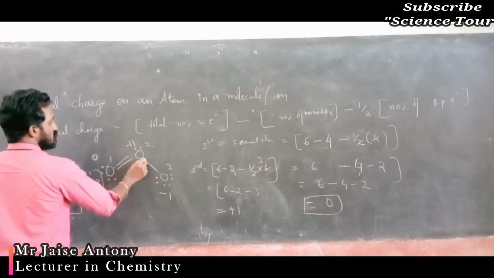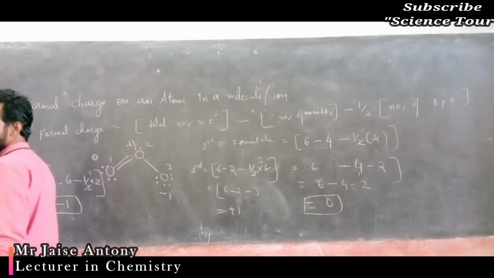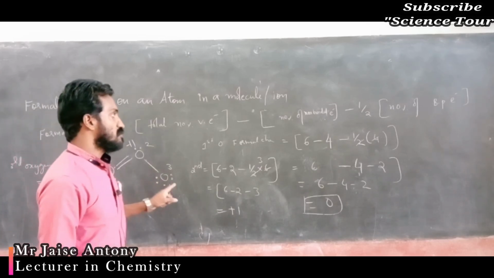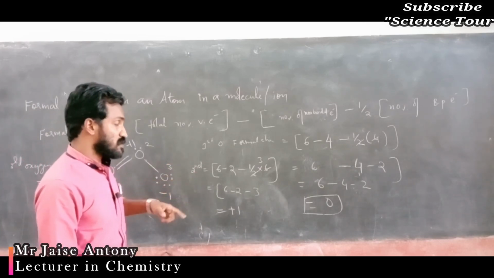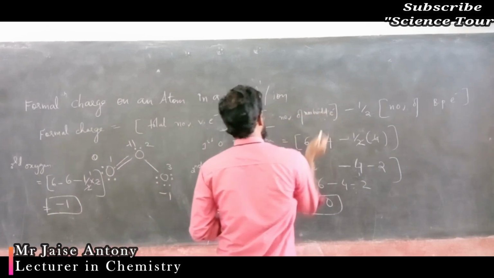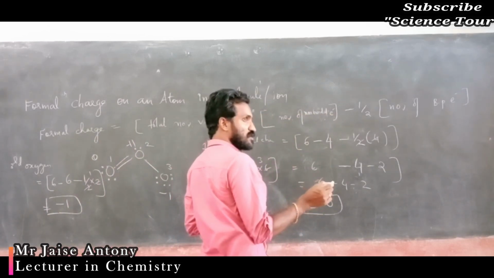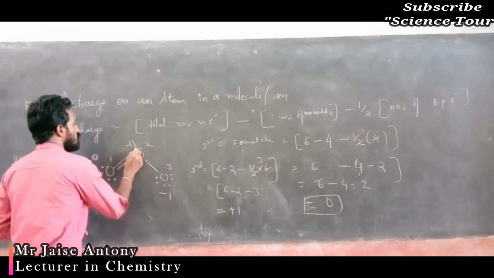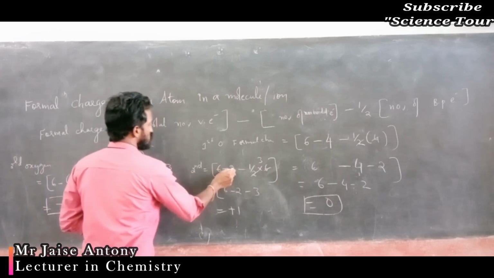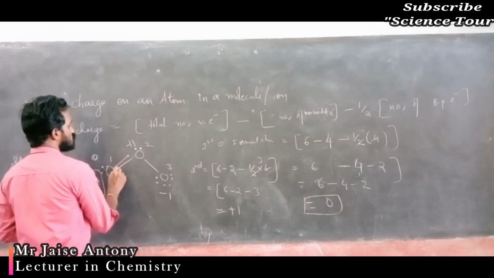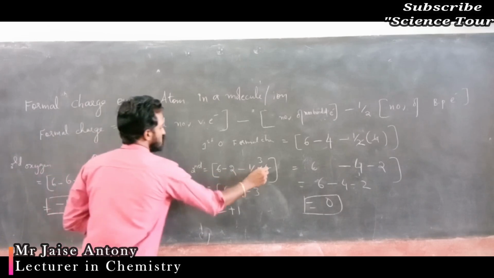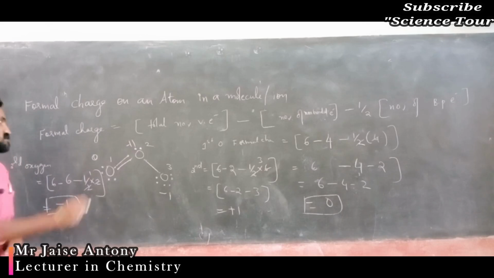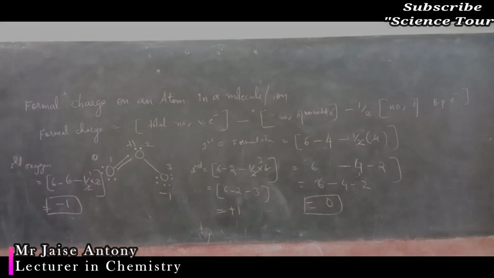Bonded electrons are 2, that is half into 2. That part you should be clear about. This is very important, because sometimes they give number of lone pair of electrons, and it is the same as number of non-bonded electrons. In second oxygen, number of non-bonded electrons is 2. Number of bonded electrons is 6, half into 6. This gives 6 minus 2 minus 3, which is plus 1. So this is 0, plus 1, minus 1.